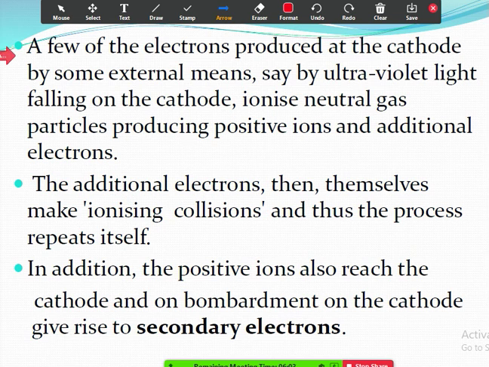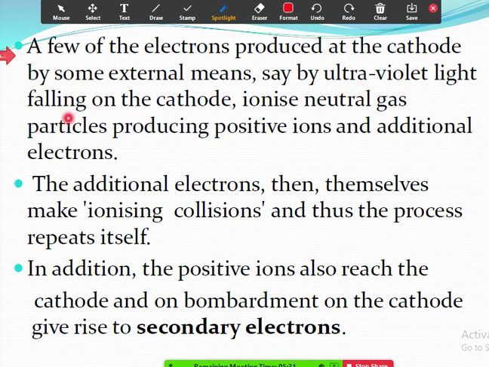See, if you look at the first point, a few of the electrons are produced at the cathode by some external means. By some external means we mean say UV light. So we allow UV light to fall on the cathode to initiate the process. To initiate the process, we are making use of UV light.